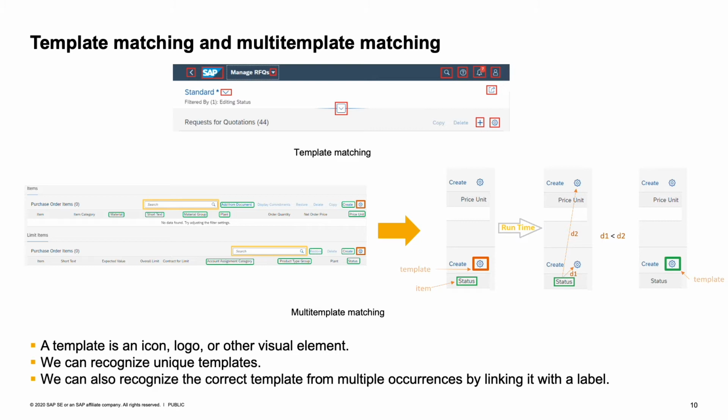And you basically recognize it by labeling it with an item, right? In this case, you can see the lower gear icon is labeled with a thing called status. So at runtime, it knows that I'm going to look for the gear icon, which is next to the text called status. And that's how you can uniquely identify this particular gear icon and the bot can click on it. So that's an example of template and multi-template matching.